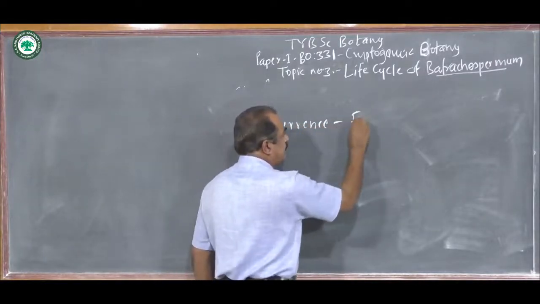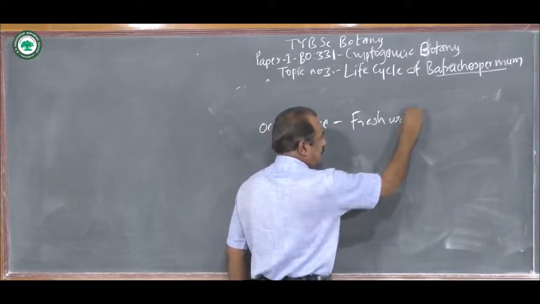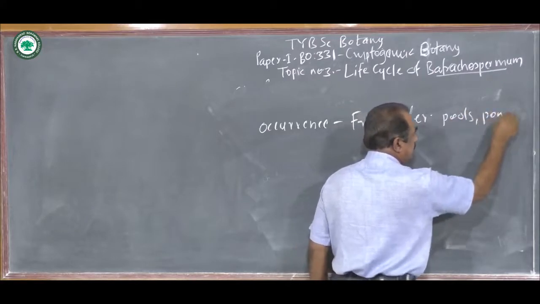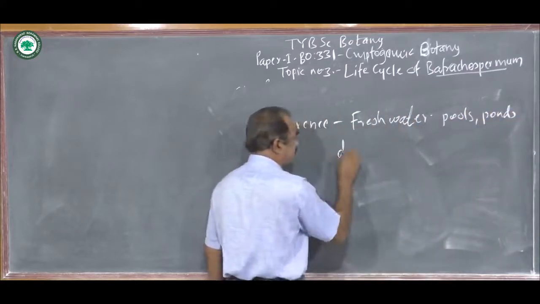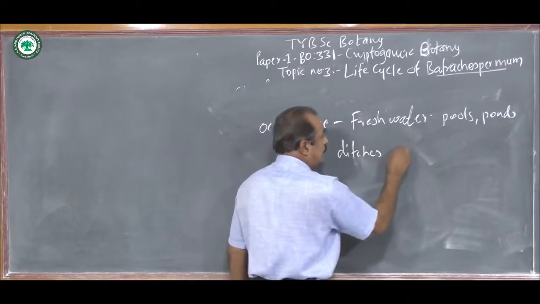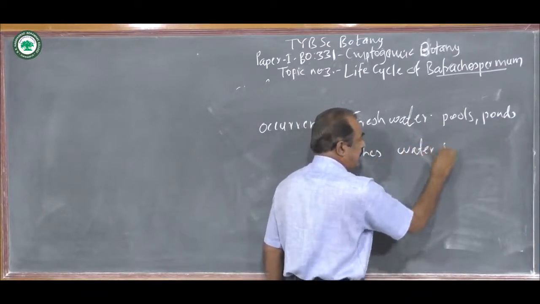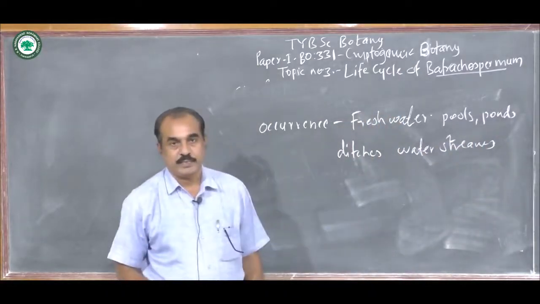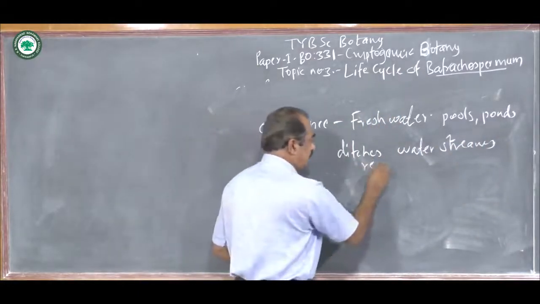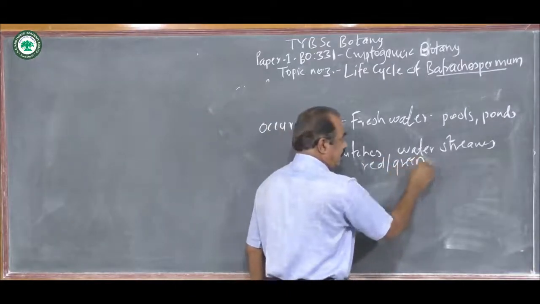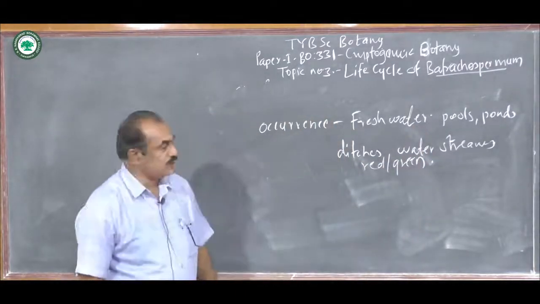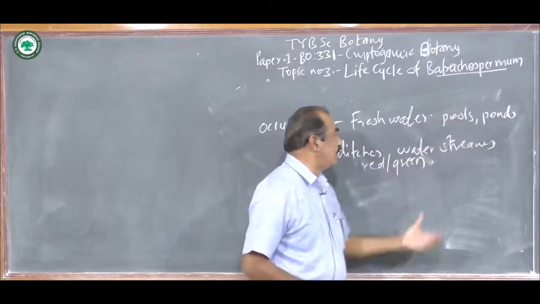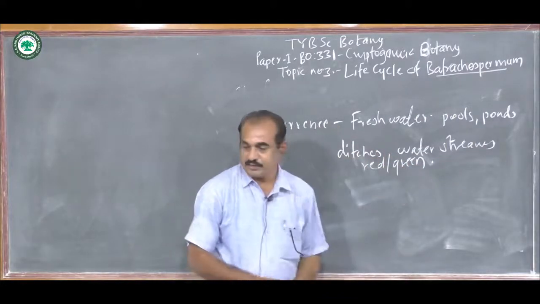It is found in pools, ponds, ditches, water streams, and it is found all over the world, and generally they are red or green in color because of the pigments. So this is all about the occurrence. That means that they are freshwater forms. They are found in pools, ponds, ditches, water streams, etc.